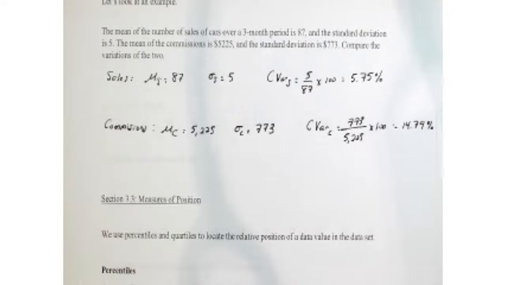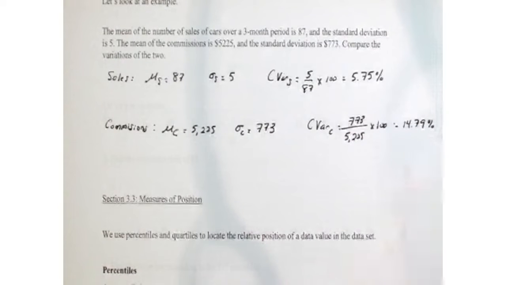Using those two percentages, which one is more variable? Which one has more variation? The commissions, because the coefficient of variation is higher. The higher the coefficient of variation, the more variation there is.